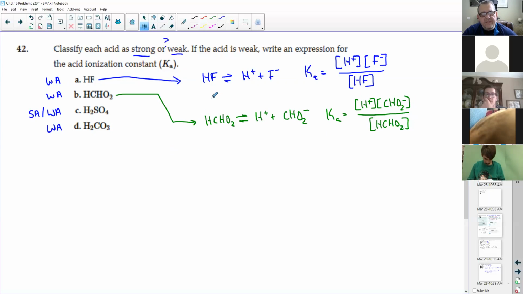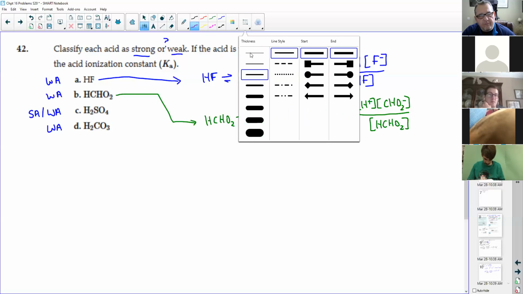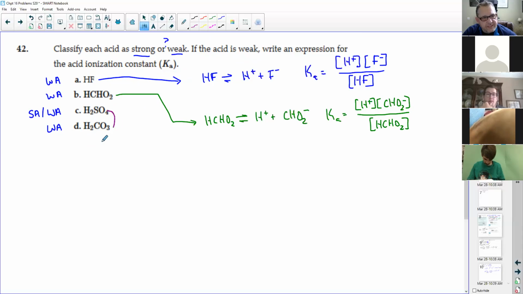Now, one of the things that we talked about, and let me pick on the next one to illustrate that, is that the H plus doesn't exist if it's in an aqueous solution. So I'm going to use that one to illustrate for C. So what happens if I have sulfuric acid, H2SO4, and it is placed in an aqueous solution?